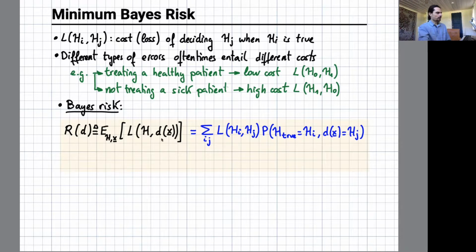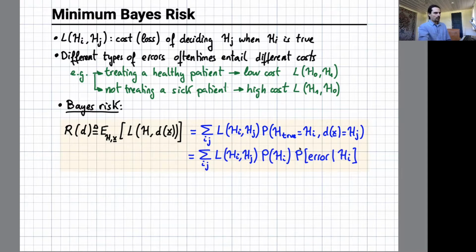So by the definition of expectation, this is just the weighted sum of the loss of all possible pairs of hypotheses and decisions, right? Note that in general we can accommodate a loss even for correct decisions, although oftentimes the loss when Hi equals Hj will be 0, right?